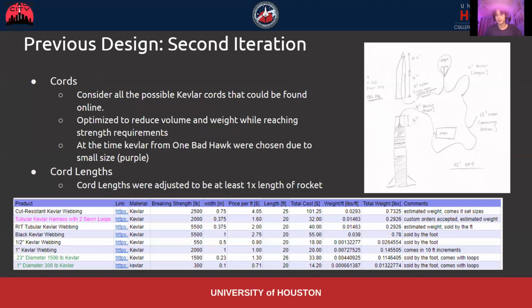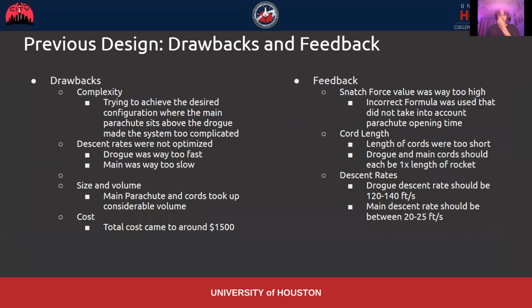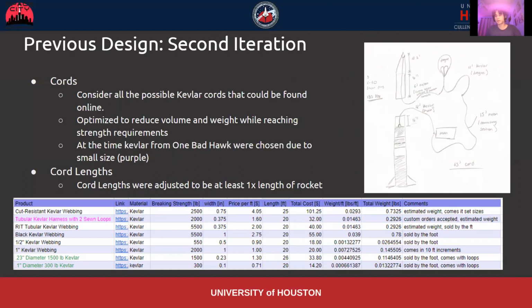So then here we go into the changes we made. For the cords, we actually looked at all the possible Kevlar cords that we could find. I forgot to add this to the last slide, but one of the feedback we got was to use Kevlar cords instead of any other material, because Kevlar is really, really strong and it's really light.